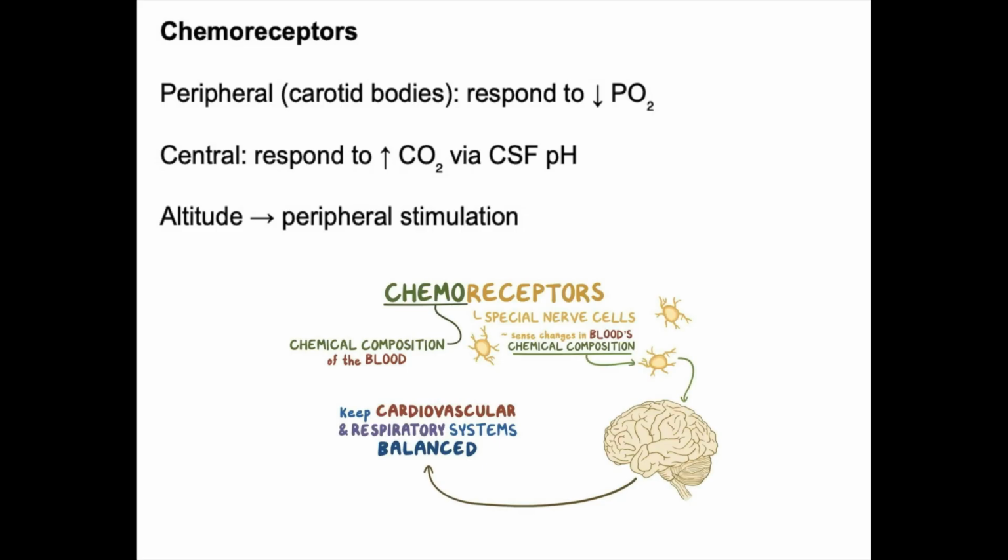Altitude primarily stimulates peripheral chemoreceptors because PO2 will drop. In chronic CO2 retention, like COPD, central chemoreceptors will then adapt, and peripheral drive becomes more important.